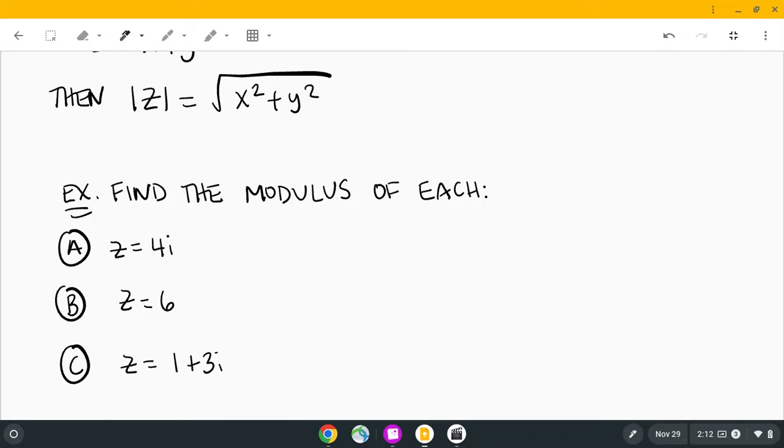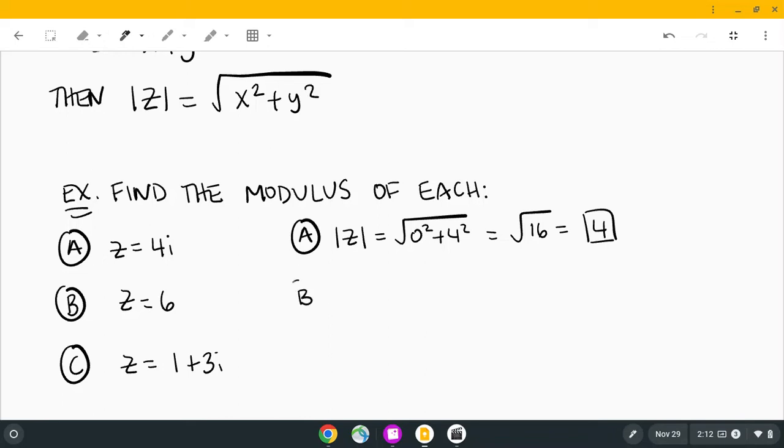So I'll do A over here. The absolute value or modulus of z is going to be the square root of, so here it would be 0 squared plus 4 squared. So that's just going to be the square root of 16. So that would be 4. Okay. For B, the modulus of z is going to be the square root of 6 squared plus 0 squared.